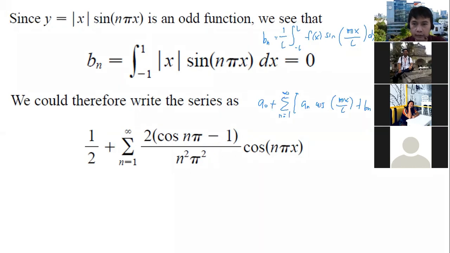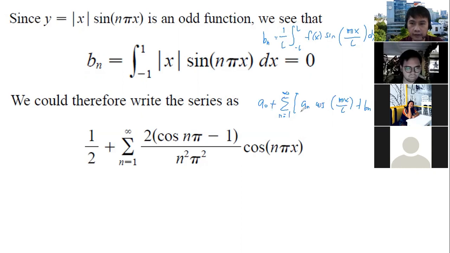So, a sub 0 value, we already evaluate that. So, this turns out to be equal to 1 half kanina, di ba? And a sub n is equivalent to 2 over n squared pi squared cosine n pi minus 1. So, ito na yan. Okay?